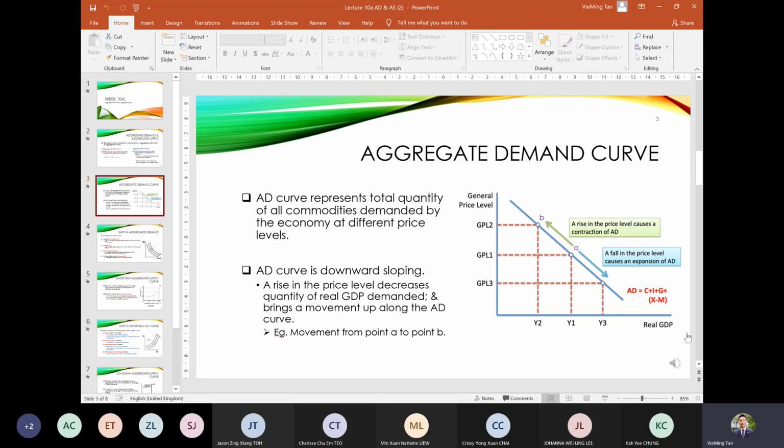However, when the price is reduced to, let's say, point A, the aggregate demand will increase to Y1. So in short, there is a negative relationship between the general price level and the aggregate demand, and only the general price level will move along the aggregate demand curve.